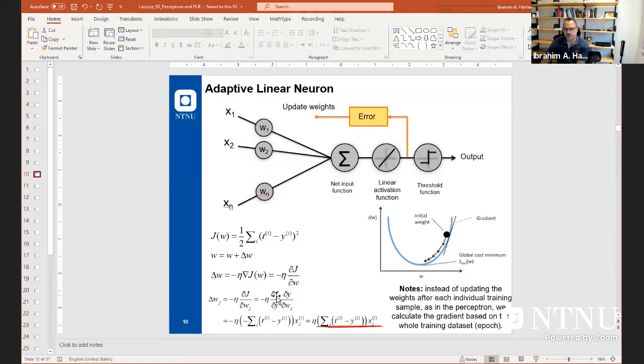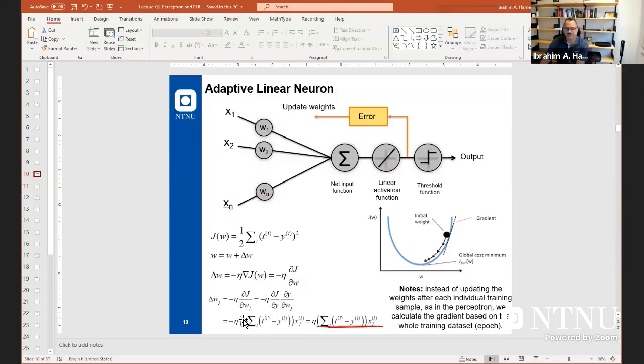So this is partial J by partial omega, and in the middle we have partial y. Partial J by partial y is 2 times half, so the half disappears, multiplied by the first derivative of t, which is 0, and the first derivative of minus y, which is negative.